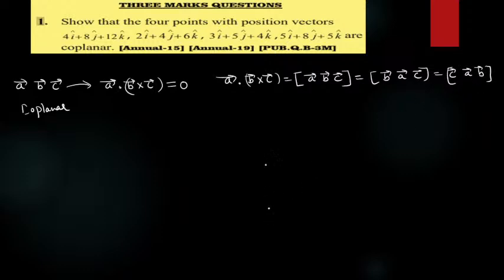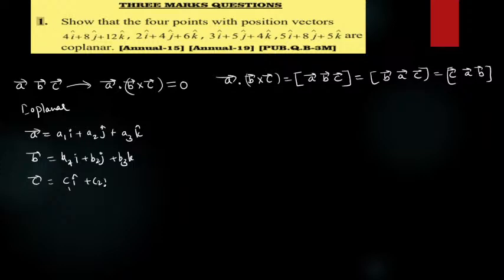And again, if your vector a is in the vector form a1i plus a2j plus a3k, and b vector is in the format b1i plus b2j plus b3k, and c vector is c1i plus c2j plus c3k.